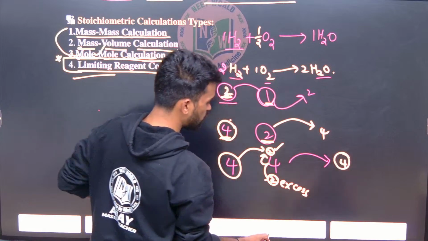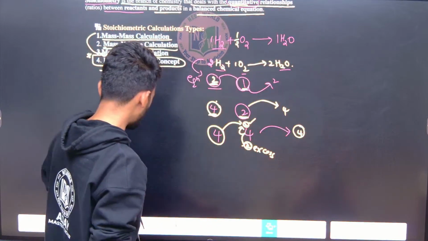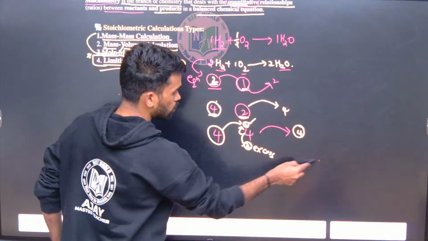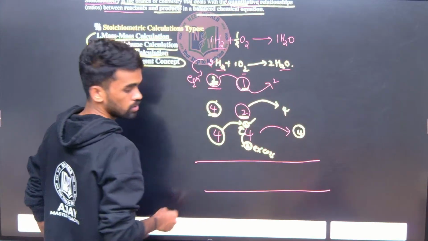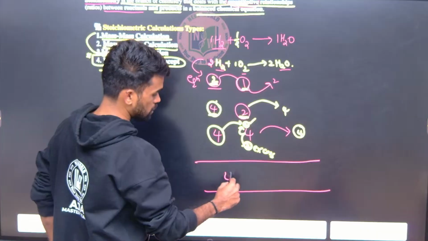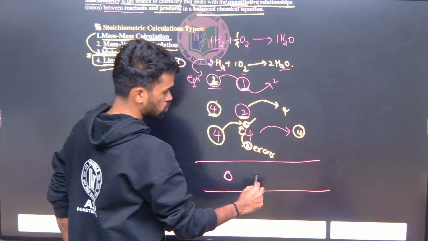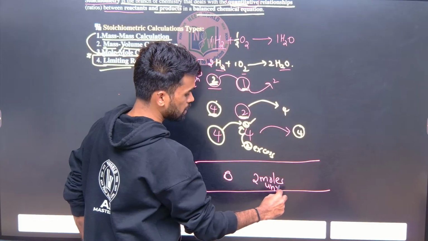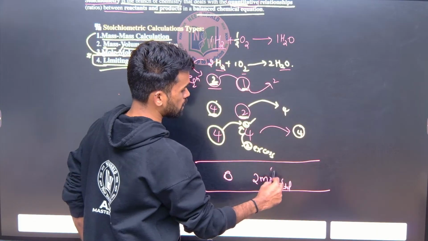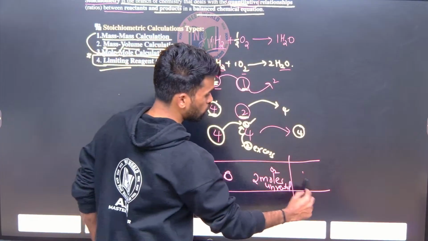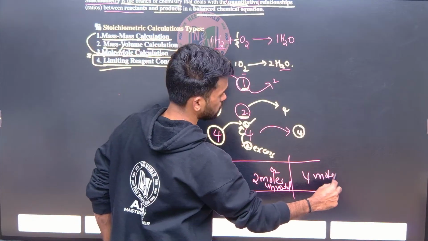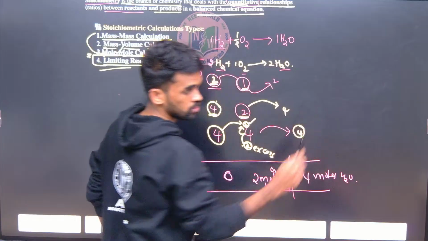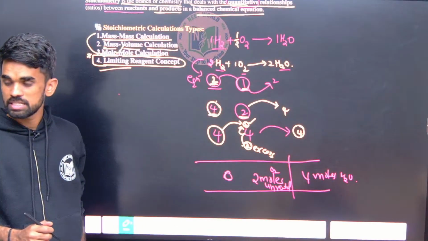So after completion of the reaction, what are you going to have? 0 moles of H2, 2 moles of O2 unreacted, and 4 moles of H2O formed. Can we say like this? Is this clear or not?